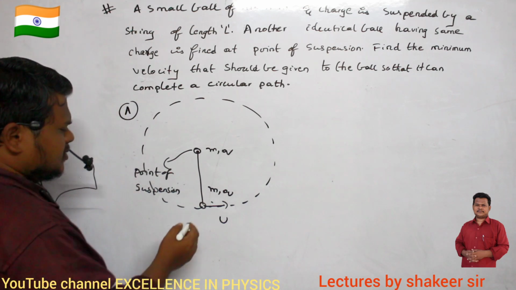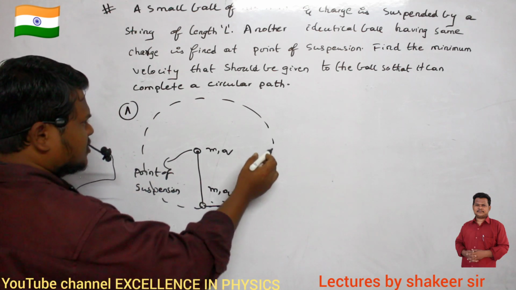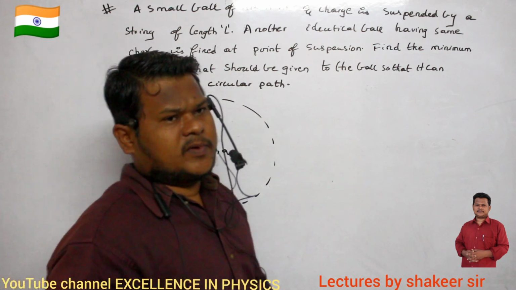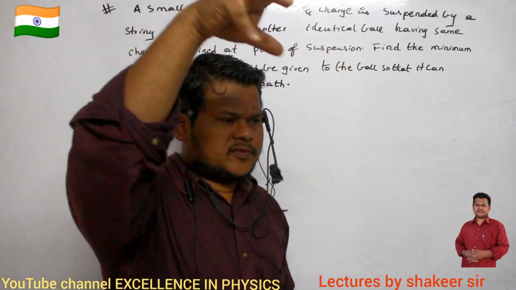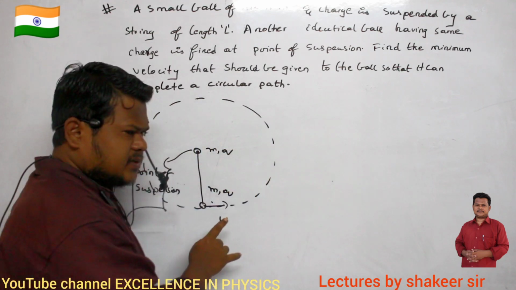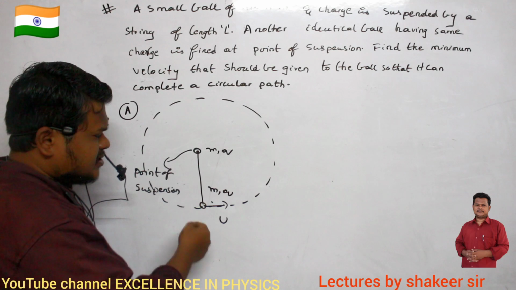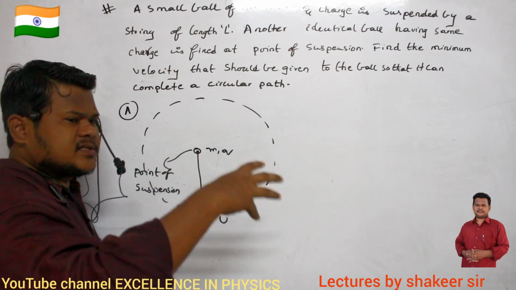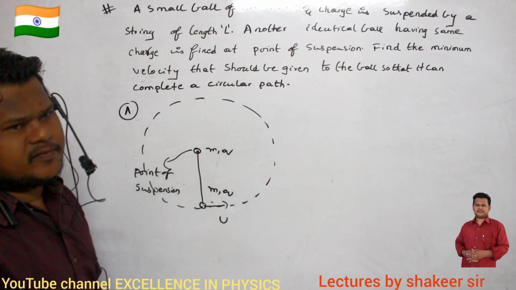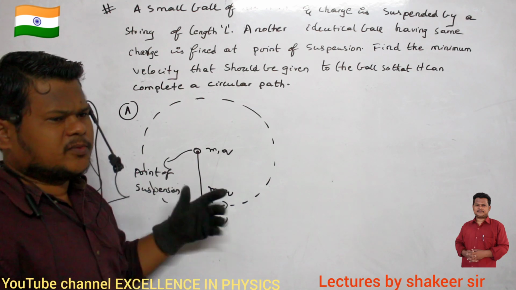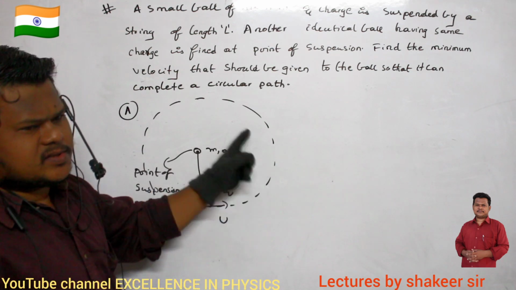When the body reaches the topmost position, at 180 degrees, the tension should become 0. If tension has become 0, that is the minimum velocity with which the body can travel. If I give a velocity greater than this, no problem. The body definitely moves in a circular path.